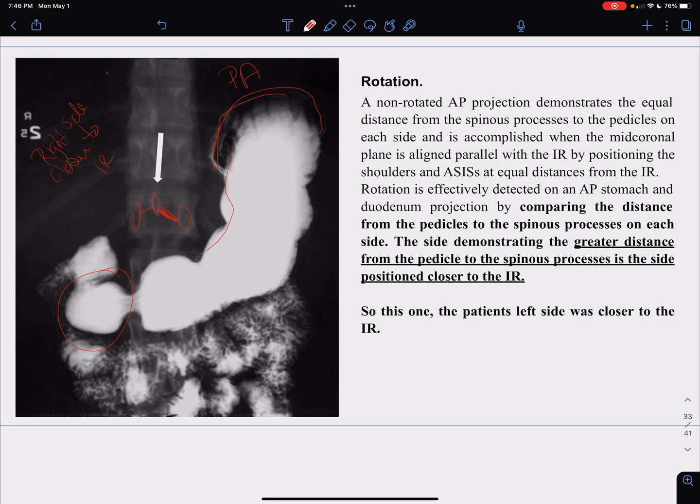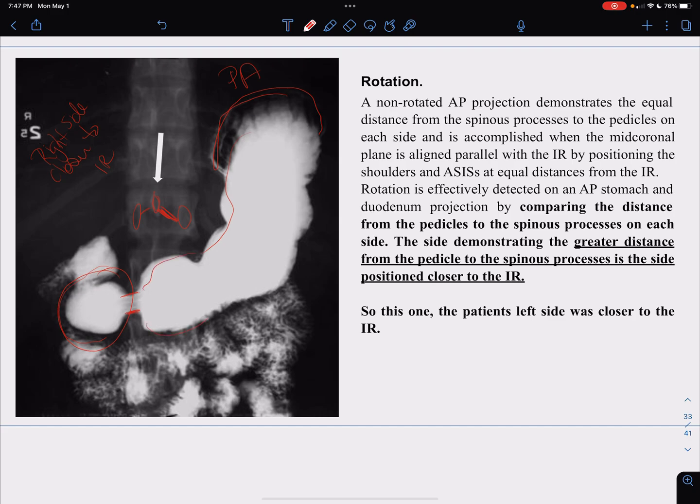Looking at this stomach, what body habitus would you say this patient is? Actually, it's kind of a tricky one, and here's why. First off, they're rotated, so keep that in mind. Your patient is rotated, so the duodenal bulb is in a different location than it normally would be. Oh, this is a lovely view of the pyloric sphincter right here.